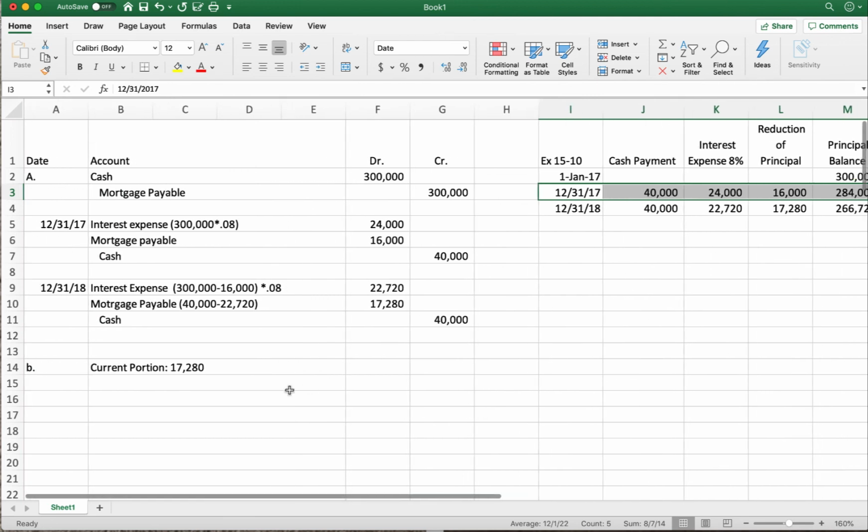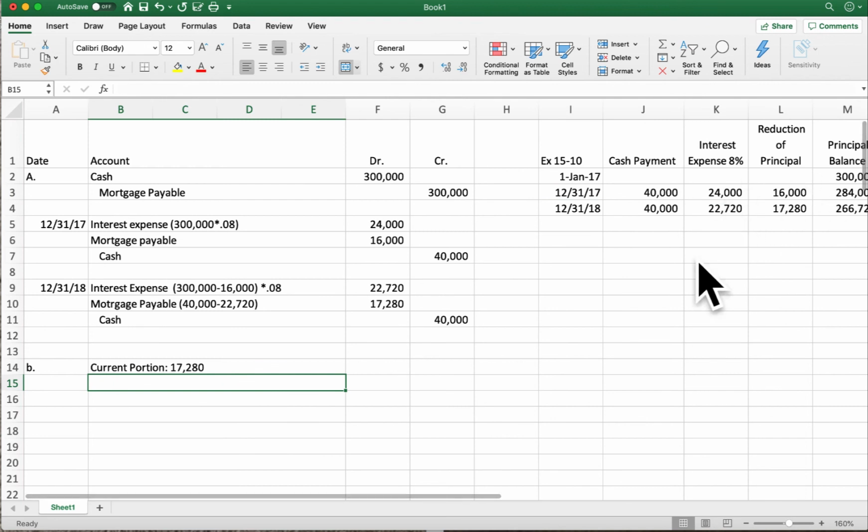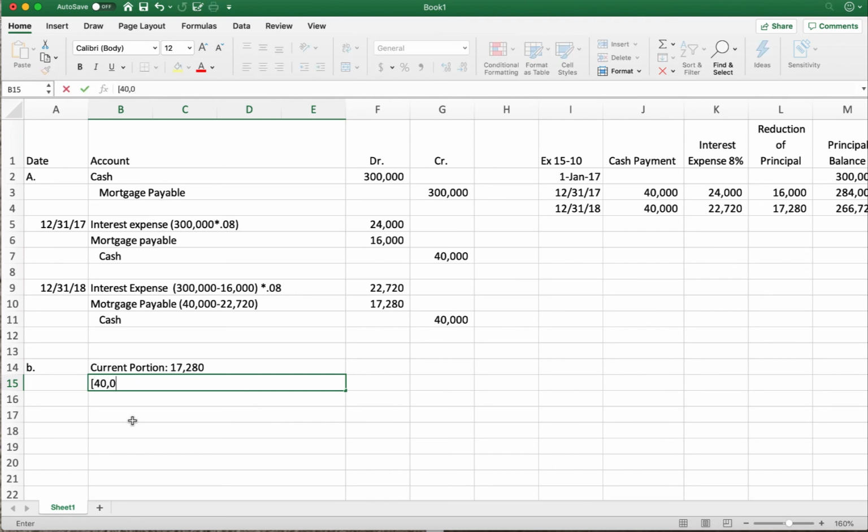So how do I figure that out? If we didn't do this chart, how would we calculate that? Well, we would take the payment that we're going to have to make next year. In December of 2018, I'm going to have to make a cash payment of $40,000. We know that. Then I need to subtract out the interest portion.